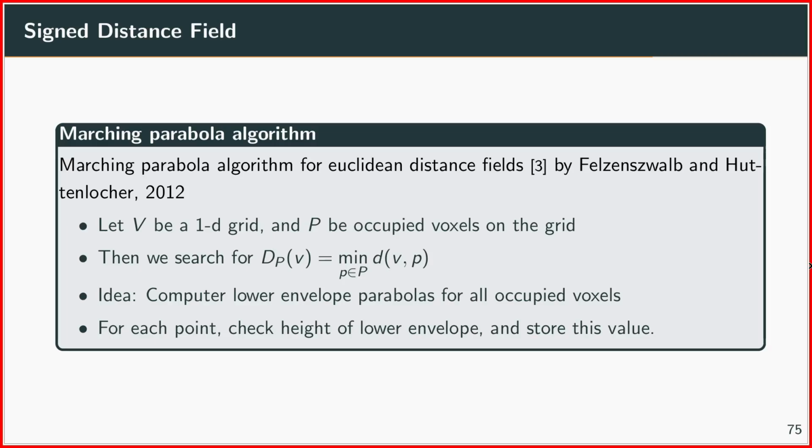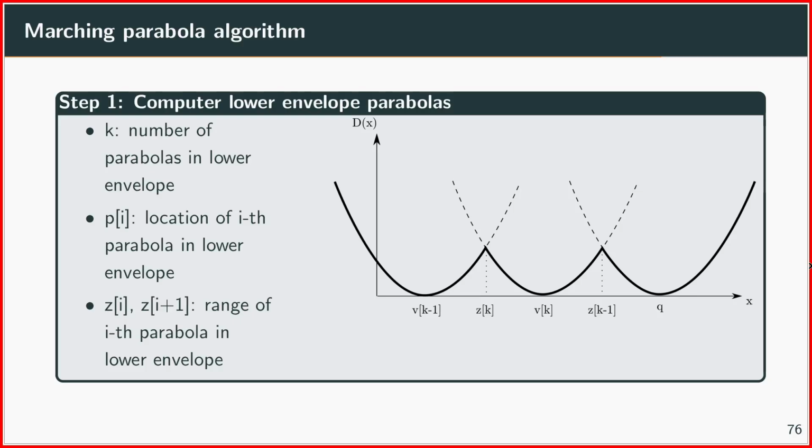The idea for this marching parabola algorithm is that you compute the lower envelope of parabolas for all occupied voxels, and then for each point you check the height of this lower envelope and store this value. For example, in 1D, you have different points here.